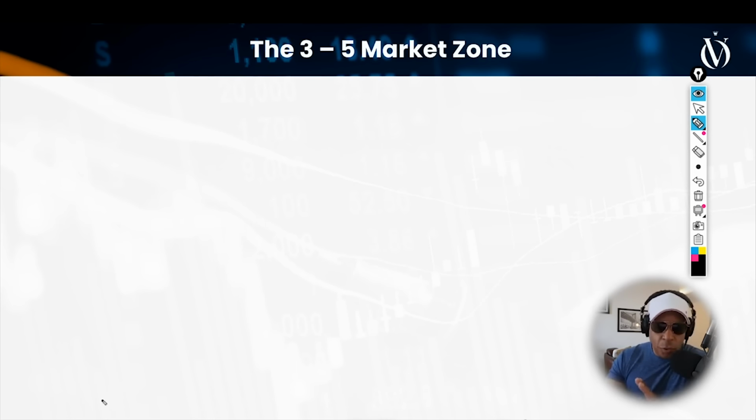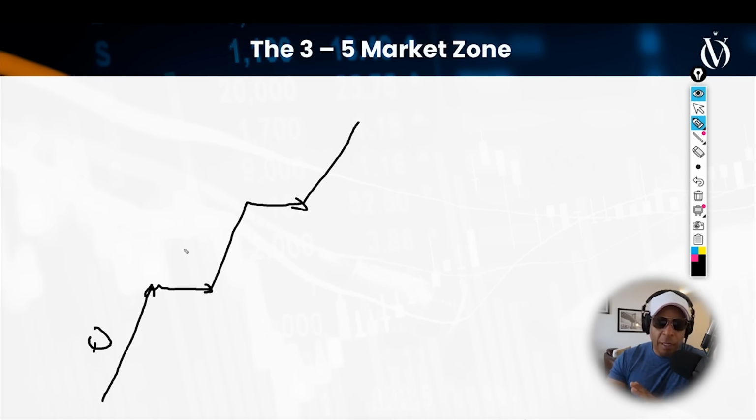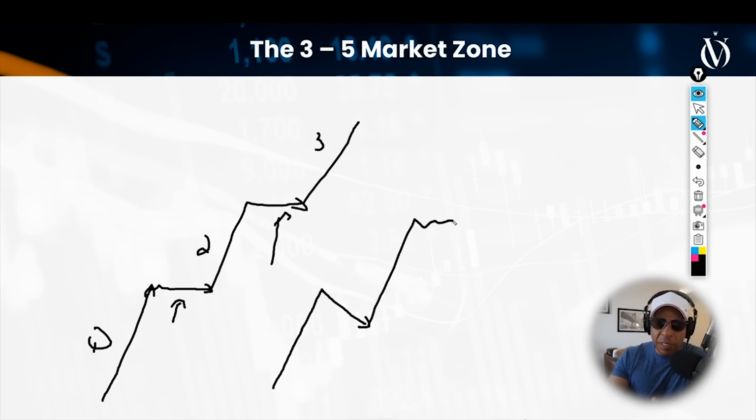Do you understand? You can have one type of pause. Boom, pause, boom, pause, boom. So you got leg 1, leg 2, leg 3, and the pauses are identical. But you can have the pullback pause, boom, the sideways pause, boom, or you can have this, boom.